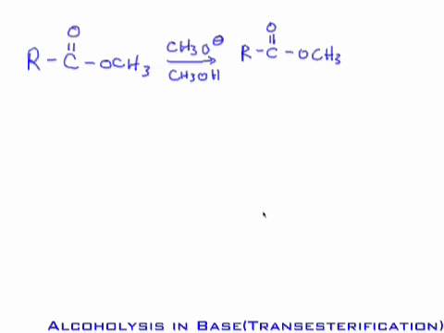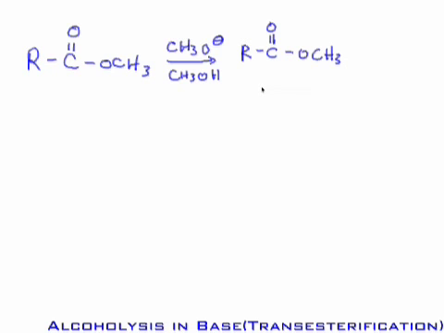Well, that seems rather silly. You already had the methyl ester. Why would you react it with methoxide and methanol to produce the same thing? And essentially that's absolutely correct. The reaction with alcohol, since it generates ester and you're starting with ester, you would wonder why anyone would want to do this.